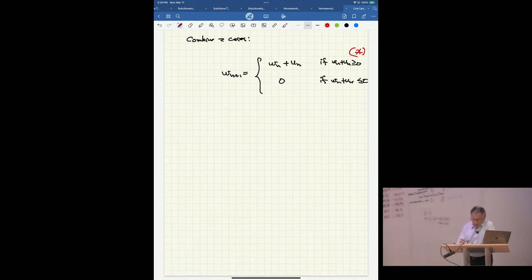Now let's make a comment. The comment is that W sub n plus Un is the following. It's equal to the sum of the unfinished work found by Cn. He comes in and he finds that much. Why? That's what the Wn is.